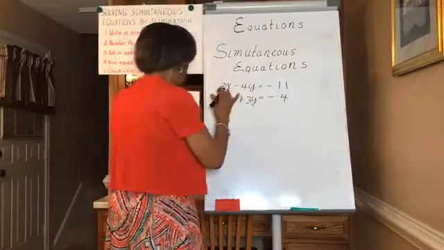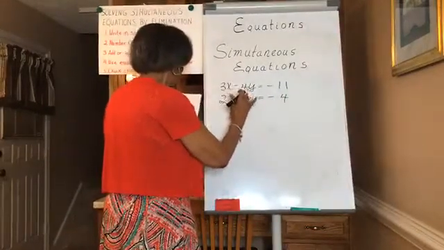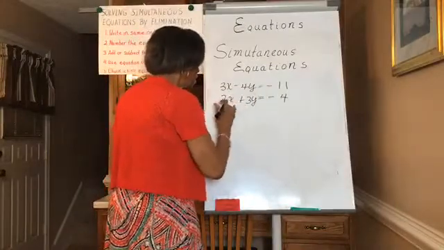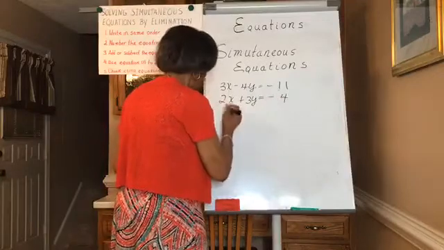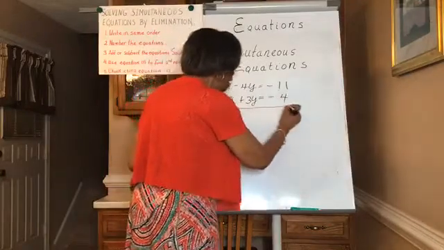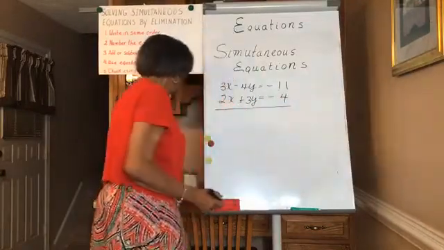All right, 3x minus 4y equals negative 11. 2x plus 3y equals negative 4. And you have to eliminate a variable.